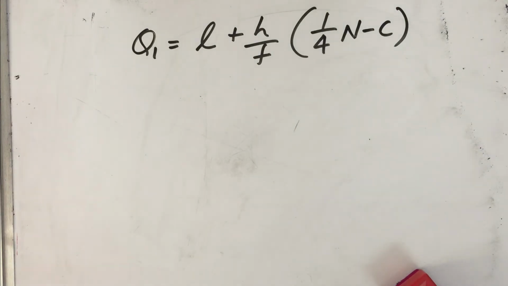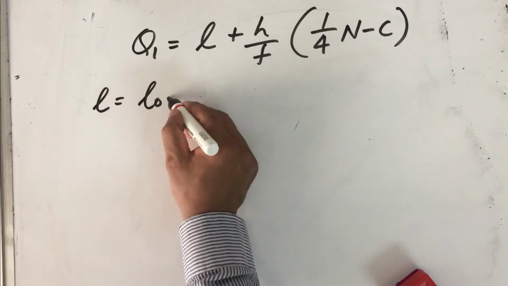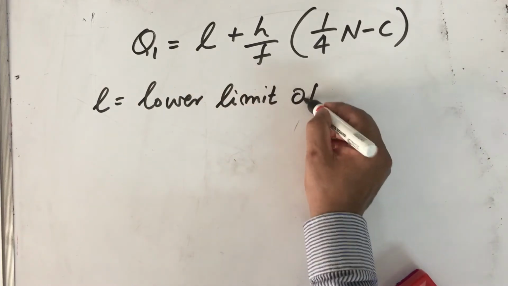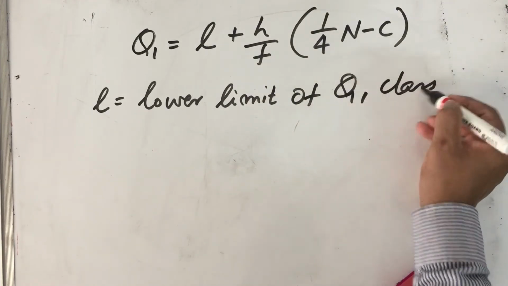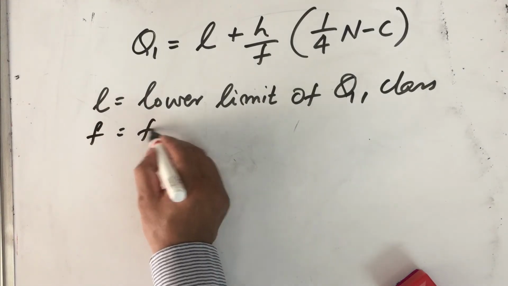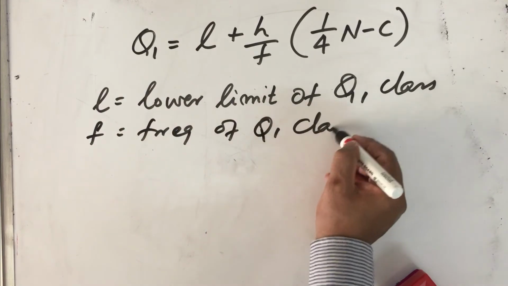What does each of these represent? L stands for lower limit of the Q1 class. So we need to find the quartile 1 class. F is the frequency of the Q1 class.